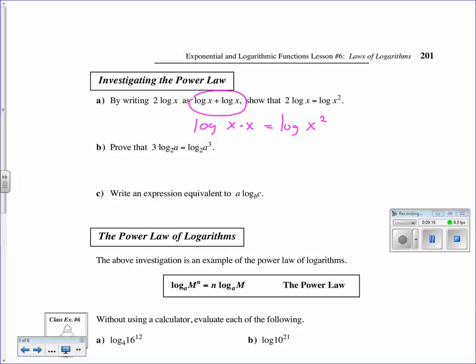And that's going to lead us to the power law. The power law actually allows me to treat this exponent as a coefficient to simplify my work. So it's possible that log x squared can be viewed also as 2 log x. That's the power law. That's what we're going to visit right now.